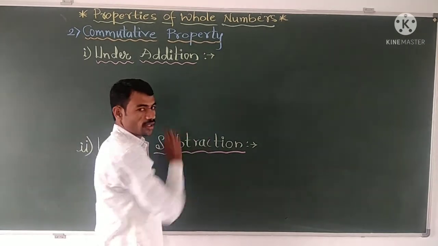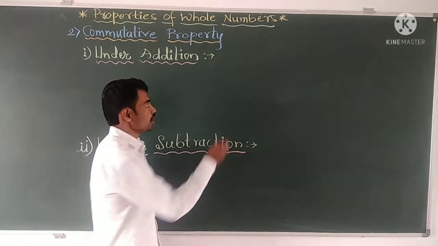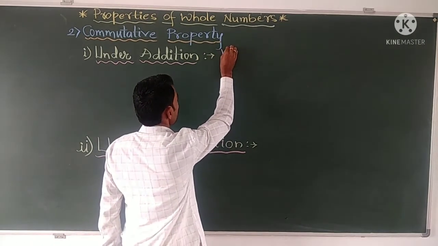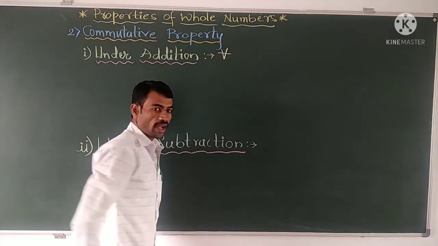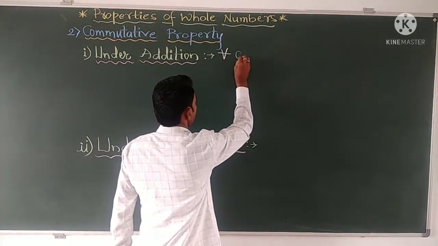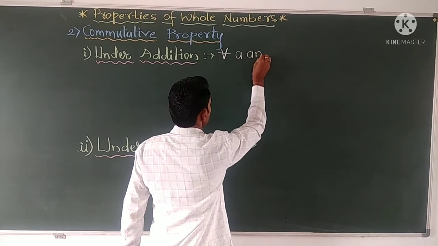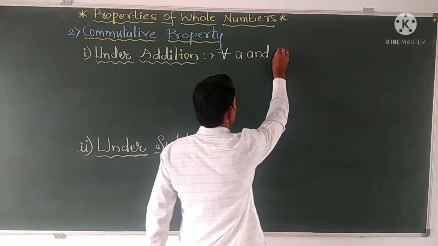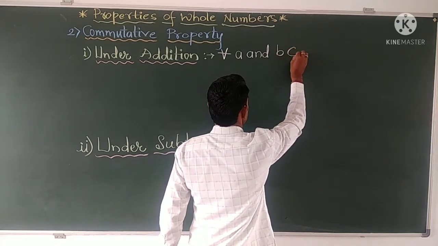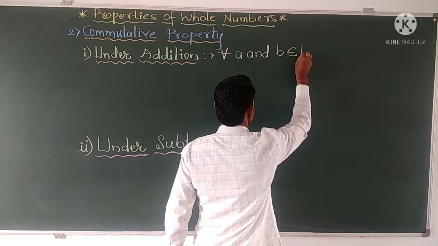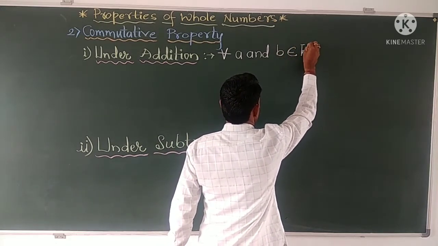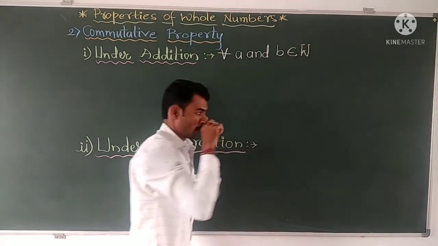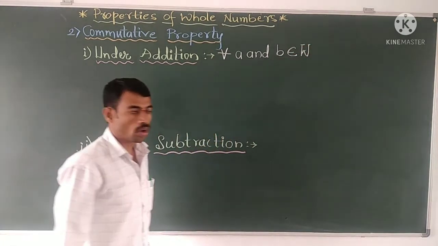So shall we write the general formula for this? We can write, for every a and b, what are a and b? a and b are whole numbers. They belong to W. So both are whole numbers.